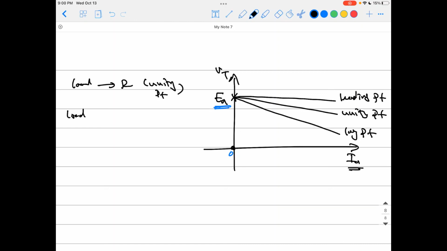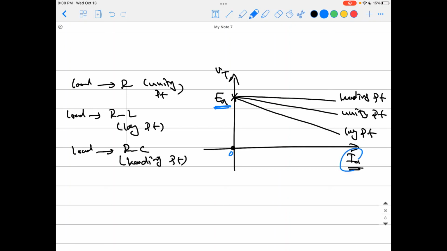If your load is R and L, that means it's lagging power factor. If your load is R and C, that is leading power factor. So it depends on how much load you have, which is translated into the amount of current here, and also the nature of the load.